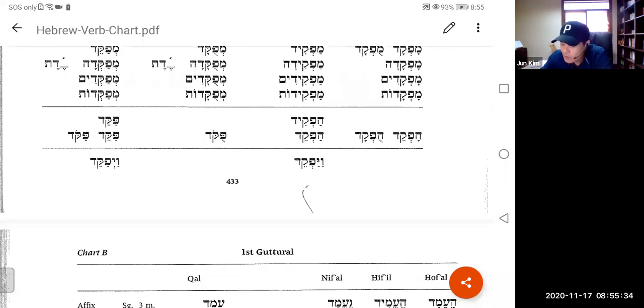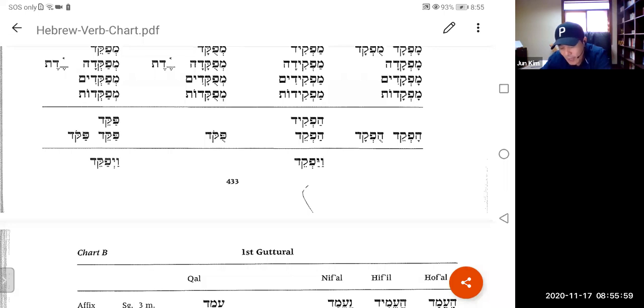So the most tricky part in terms of the form of the Hifil stem: participle and prefix form are quite straightforward. But when it comes to the distinction between affix 3MSG and infinitive construct, then it's a bit tricky.